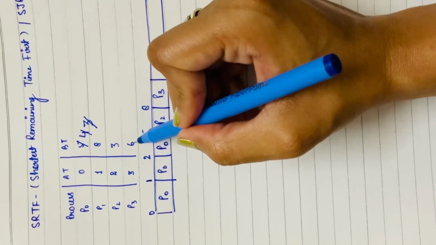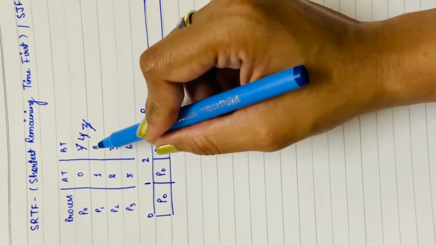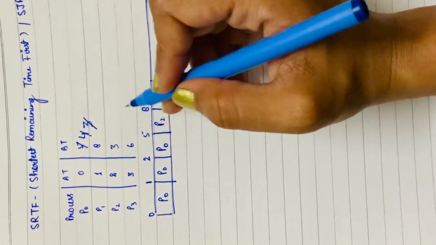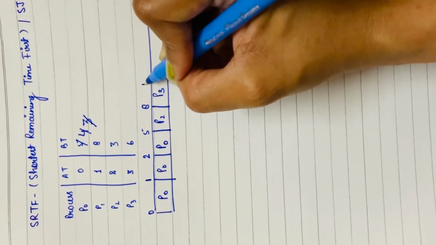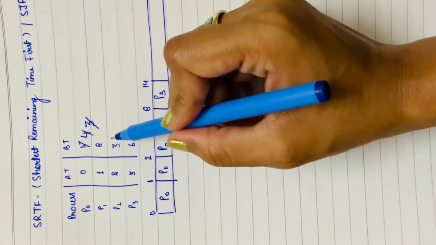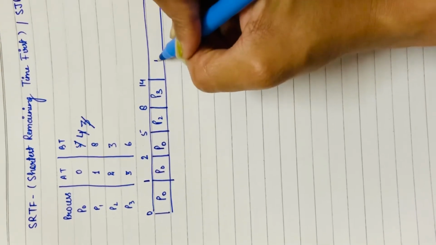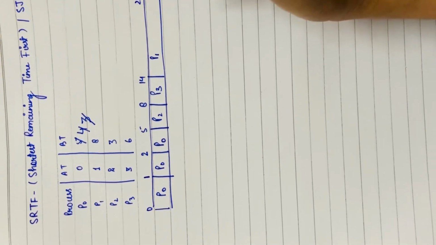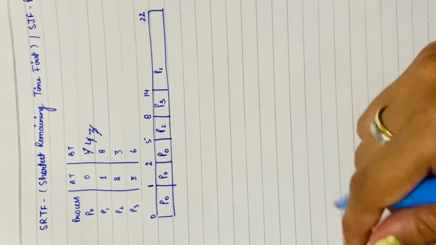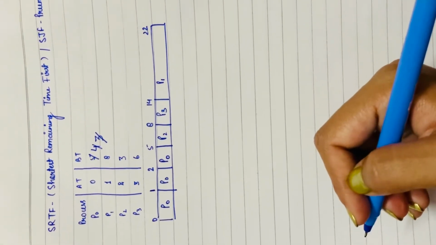P3 has 6, which is obviously smaller than 8, so it will execute completely: 8 plus 6 equals 14. Now at last the remaining process P1 will get executed, and it is 8. So this is the Gantt chart for this problem.